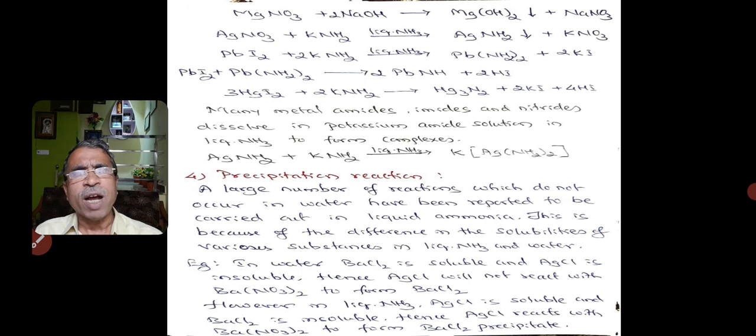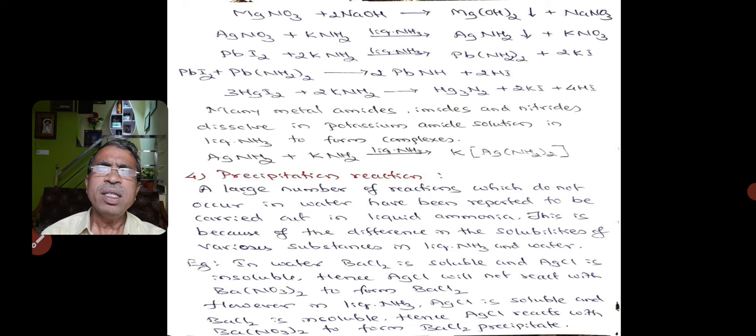In a similar fashion, silver amide, when it is treated with potassium amide in liquid ammonia, gives KAg(NH2)2, that is potassium diamide argentate(I).